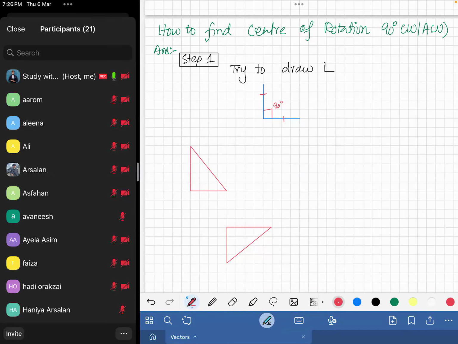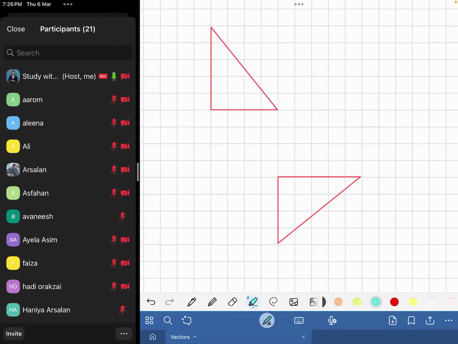If I have a doubt whether the shape is a rotated one or the reflected one, this blue triangle has 3 vertices, Alina. Vertices means the 3 corners, where the angles are formed. 3 vertices means 3 angles. Understood Alina? Yes, sir.